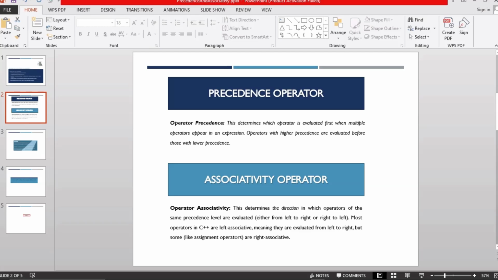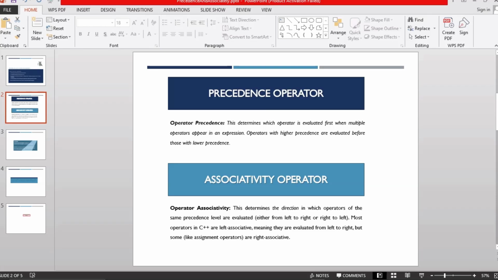Operators with higher precedence are evaluated before those with lower precedence. It is based on which operation should be carried out first.